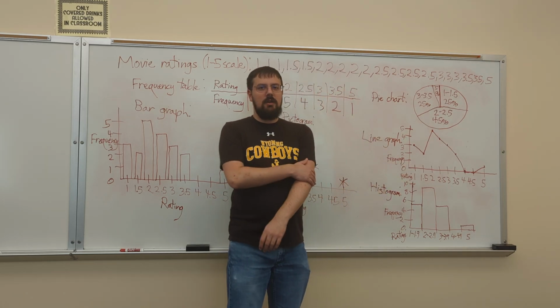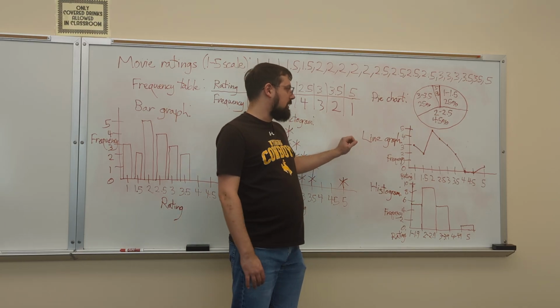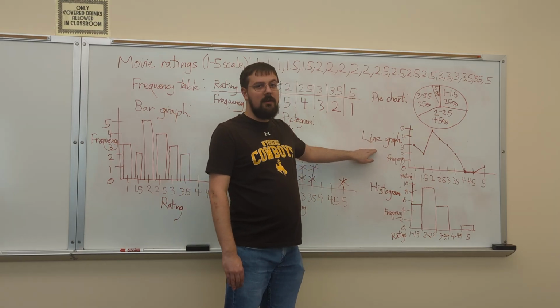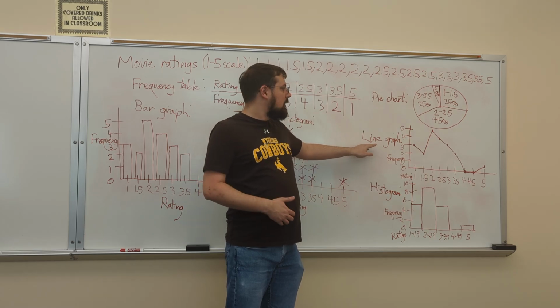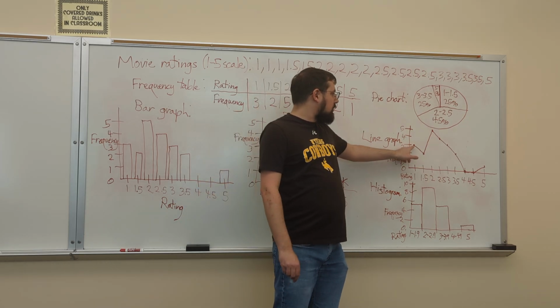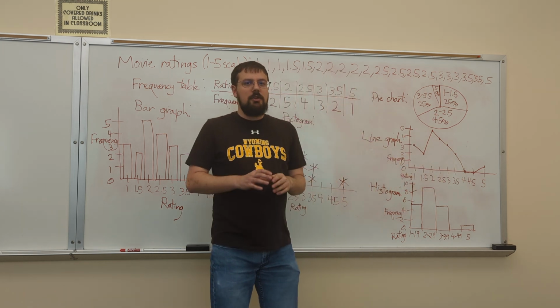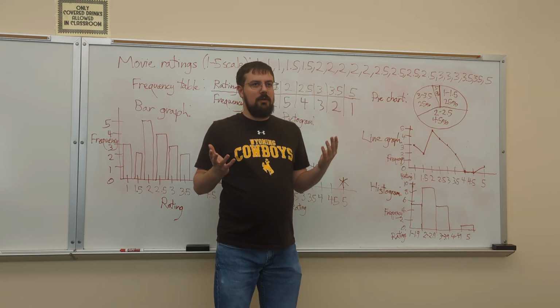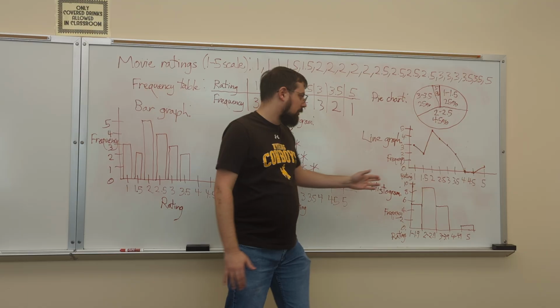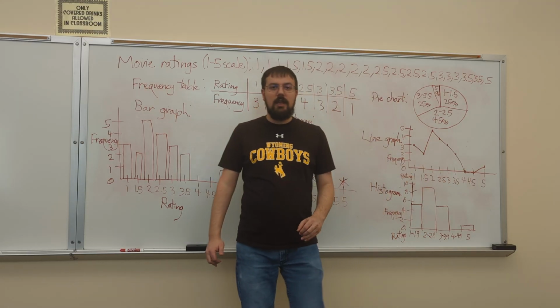The next type of graph that we'll look at is called a line graph. So this is a line graph for our data for these movie ratings that we've been looking at for our example. So the idea here is that you have heighted dots that you draw lines between that go with the frequencies or values for whatever, in this case, rating it is that we're looking at.